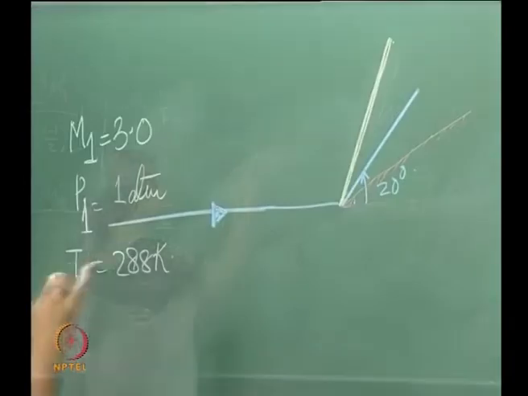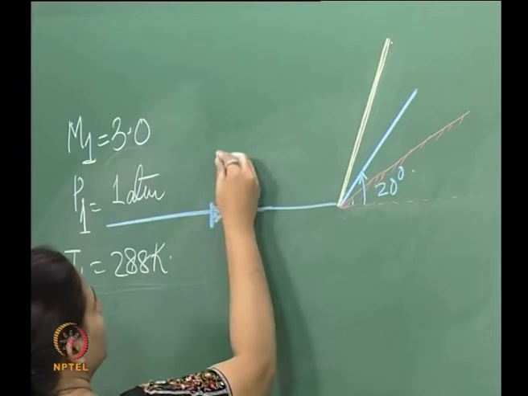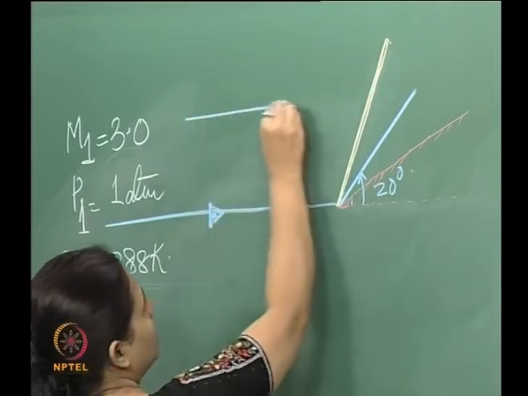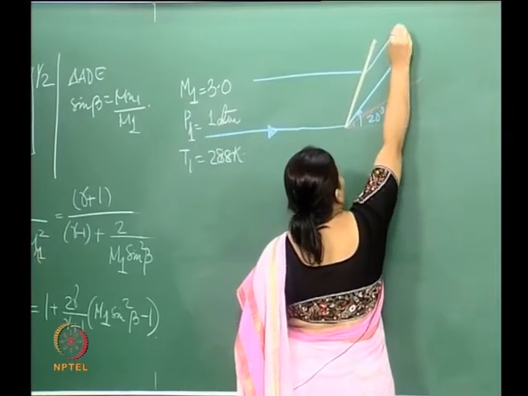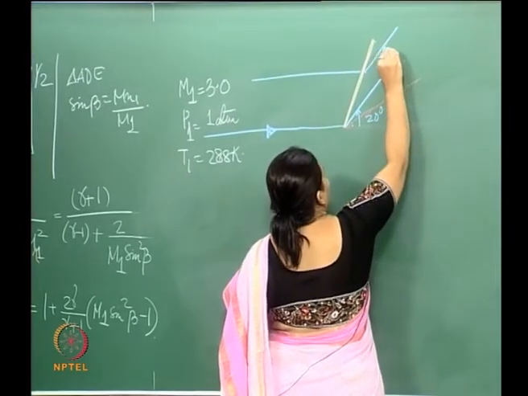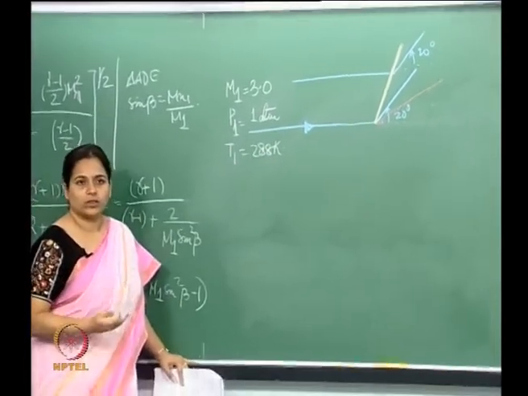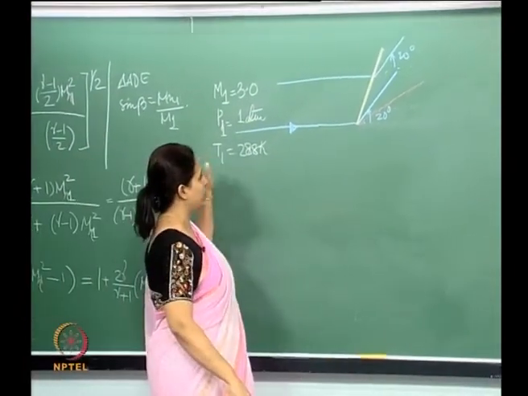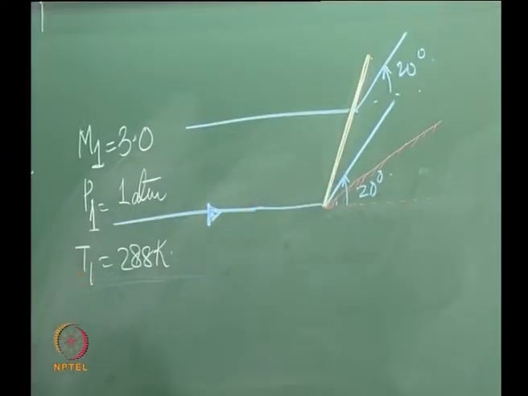You could also draw it this way, that you have a shock, and it is deflecting the flow in such a way that this is 20 degrees. So this is essentially the geometry. I have a flow like this, it encounters the corner, and it deflects by 20 degrees.